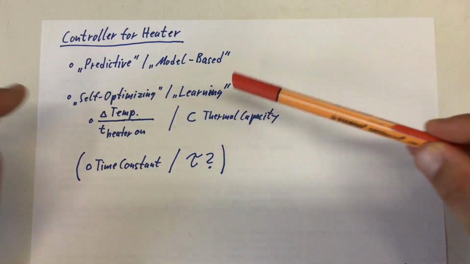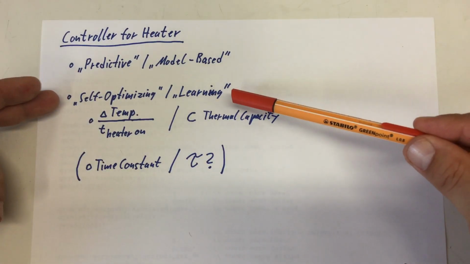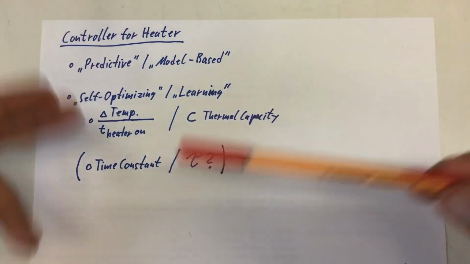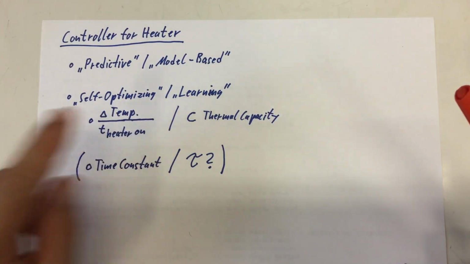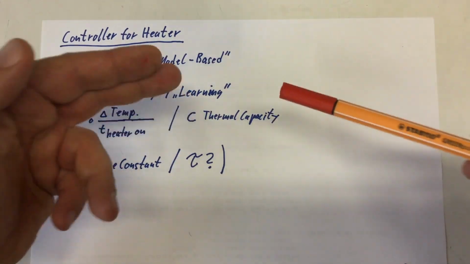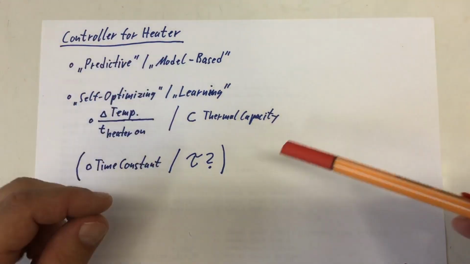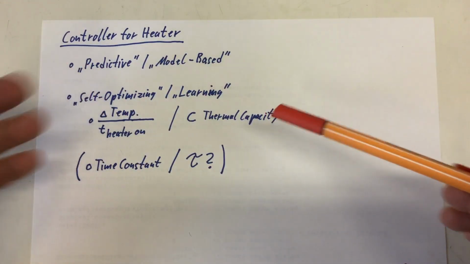Our controller must be self-optimizing or learning. While it's running, it must determine what the delta temperature per time heater on is, or the thermal capacity of the system, because you never know how much water, or if any water, is in it.